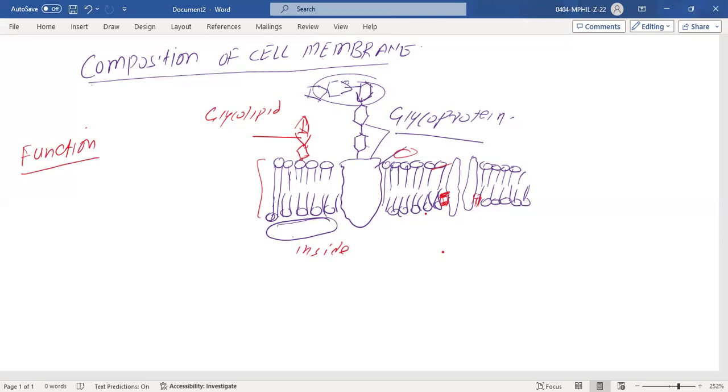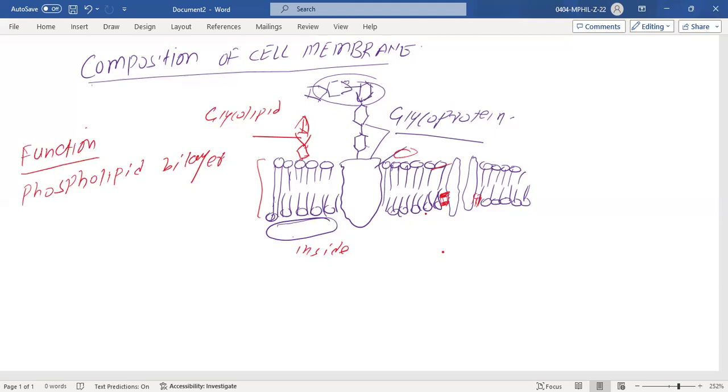So I think it's very easy for you to understand the functions of the components of the cell membrane that I have shown you, the phospholipid bilayer. Phospholipid bilayer function, first you need to understand. This is phospholipid bilayer. Now we need to dig out how this phospholipid bilayer performs its function here.